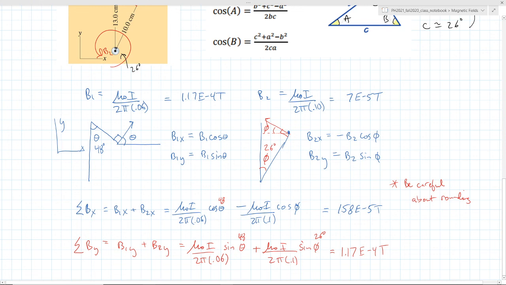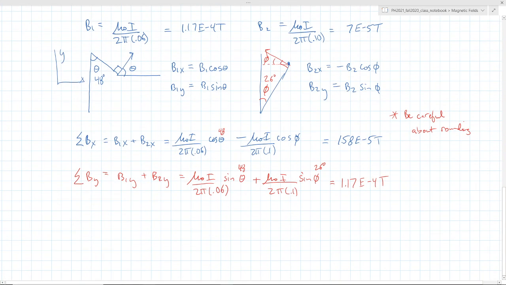Okay, so we have x and y pieces. So if we want to find the total magnitude, not a problem. We would take the square root of the sum of the squares. And let's give ourselves a picture here so we can kind of figure out what it's going to look like.